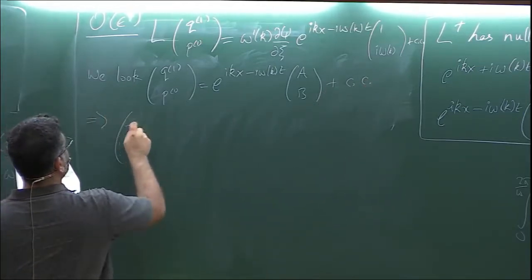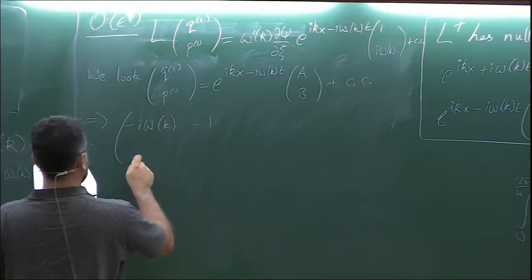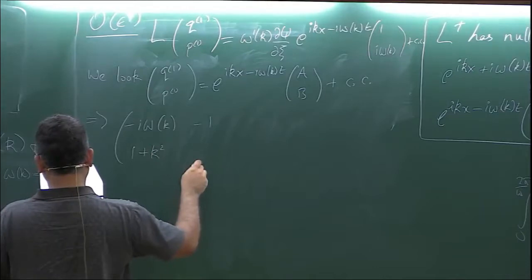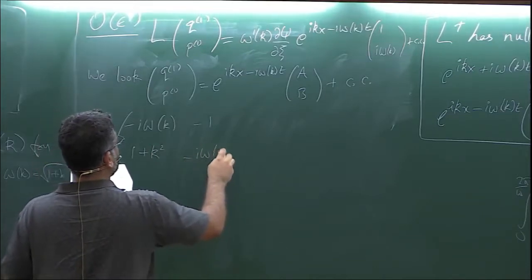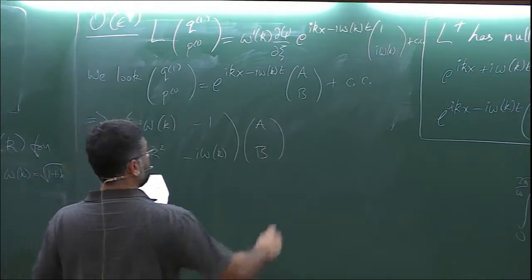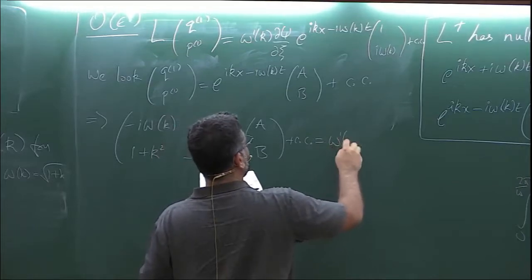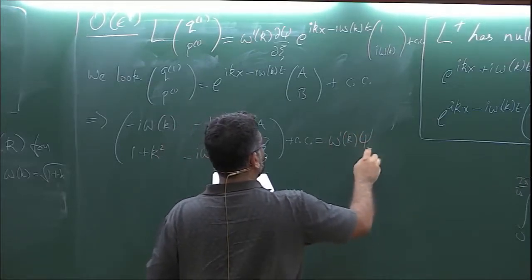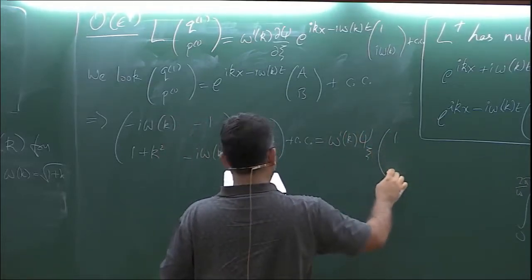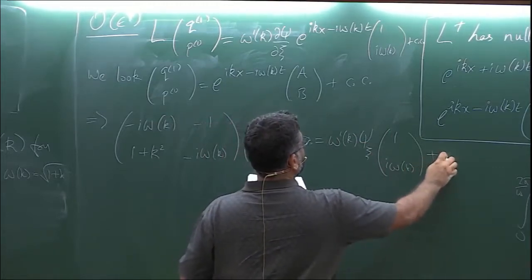This gives rise to minus I omega, minus 1 plus k squared, minus I omega, A B, plus complex conjugate, should be omega prime psi c 1 I omega, plus complex conjugate.